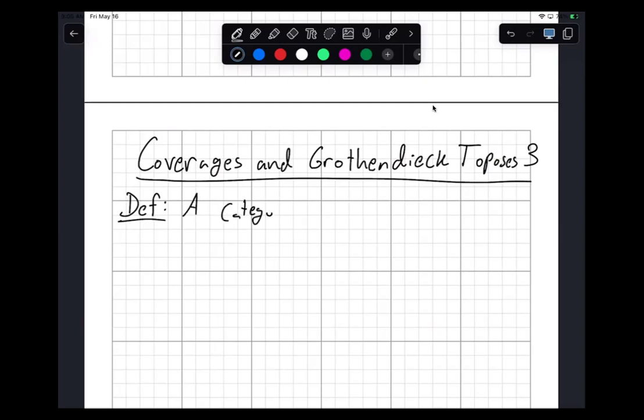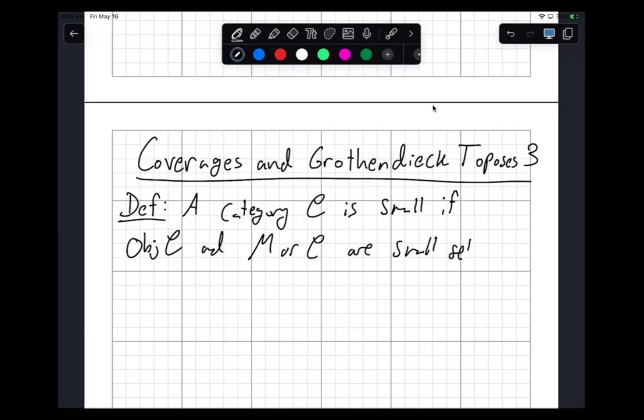A category C is small if the set of objects and the set of morphisms are small sets. And here, when I say the set of morphisms, I mean take the union over all pairs of objects of their Hom sets. And then similarly define large categories.